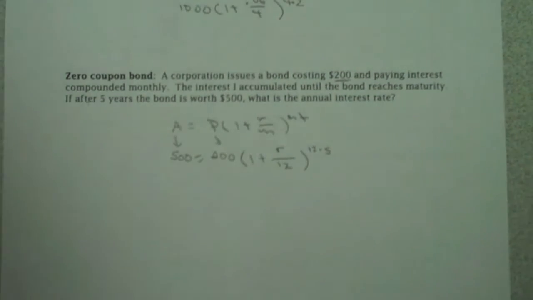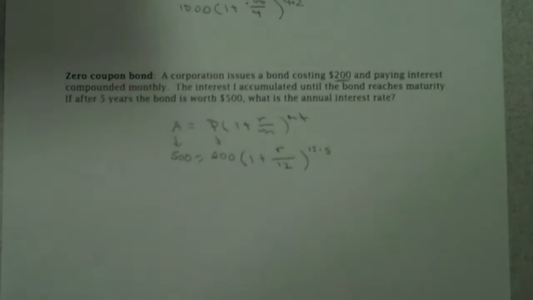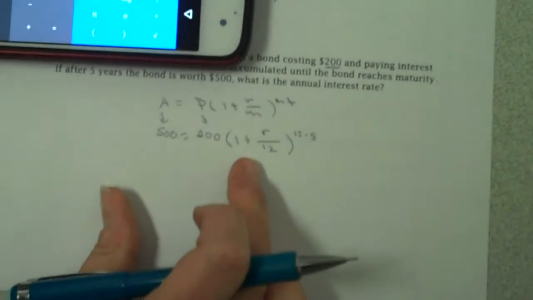We're going to have to solve for R, and the way we solve for R is we're going to isolate the thing that's raised to the exponent. So we are going to take the 500 and divide away 200 to start, so that we can start isolating this thing.